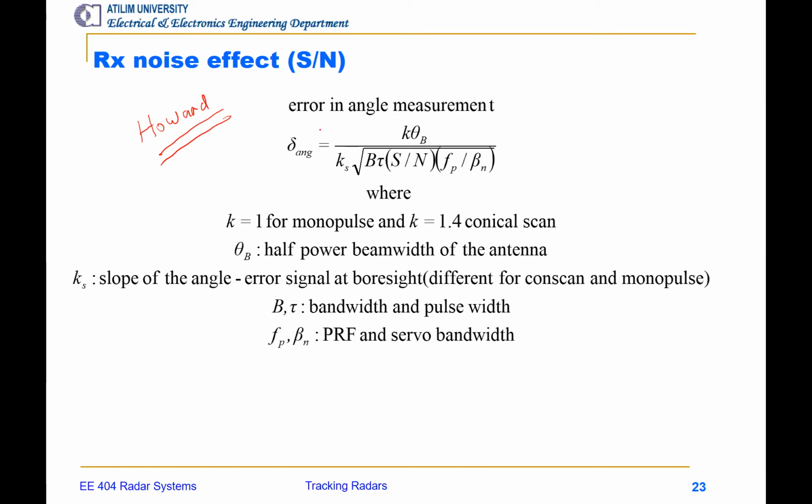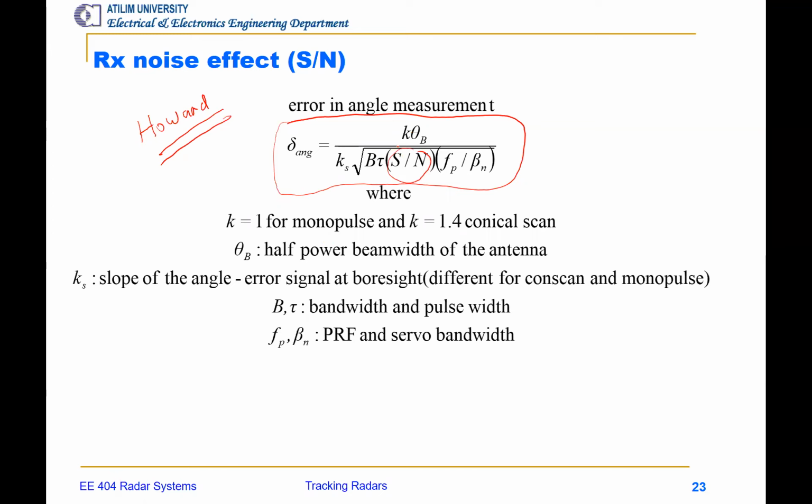Howard has derived an error function, which is given in terms of receiver noise, along with some other parameters.